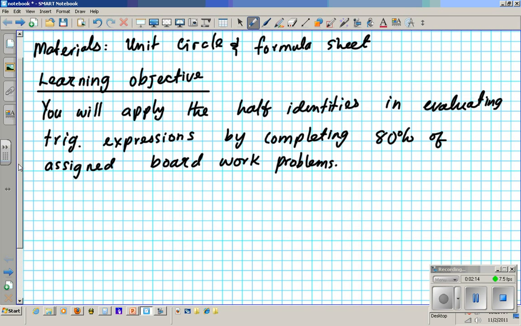All right, where is this used in the real world? Write this down. I'm going to write down the real world application so you all can keep up. The real world application of this lesson is in X-ray imaging.